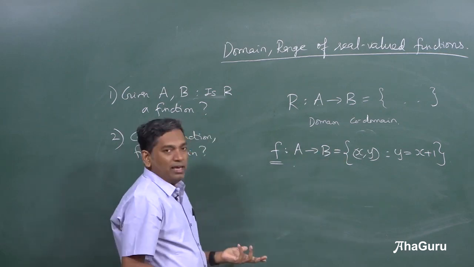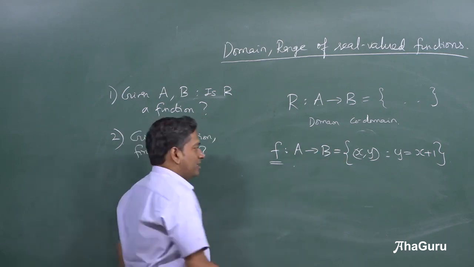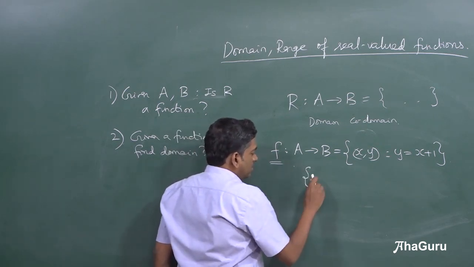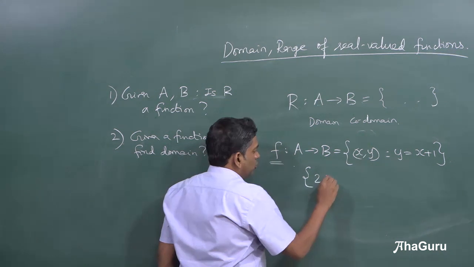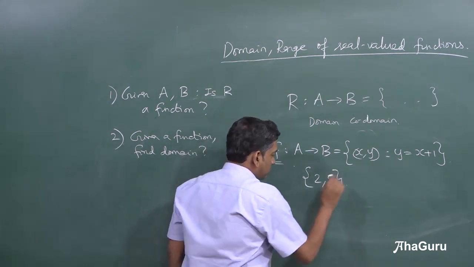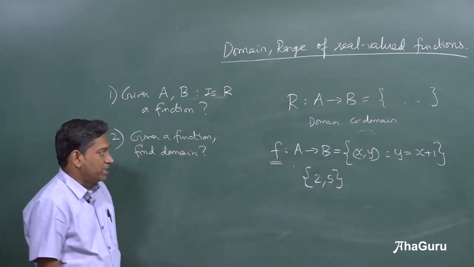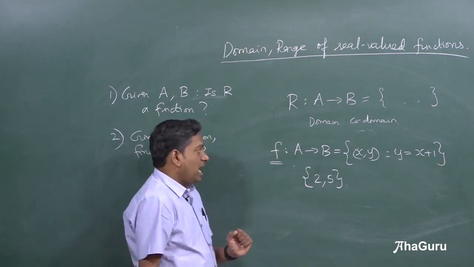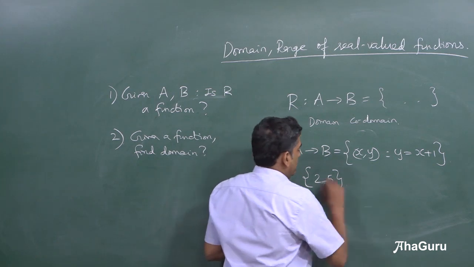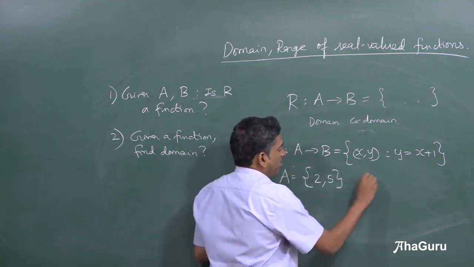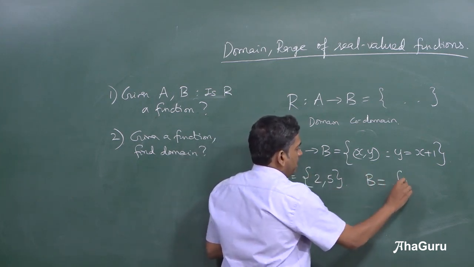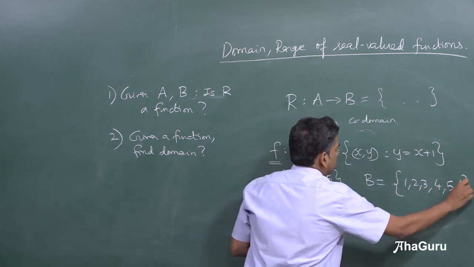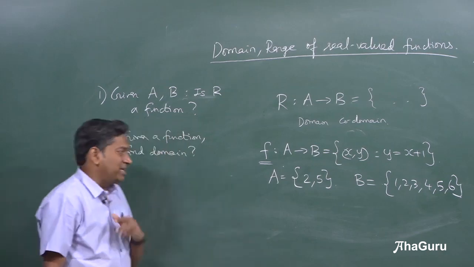Now I can say the domain could be anything. For example, I could simply take the domain as the numbers 2 and 5. Suppose I take the set A as 2 and 5 and B as 1, 2, 3, 4, 5, 6. I will just come up with some random example.